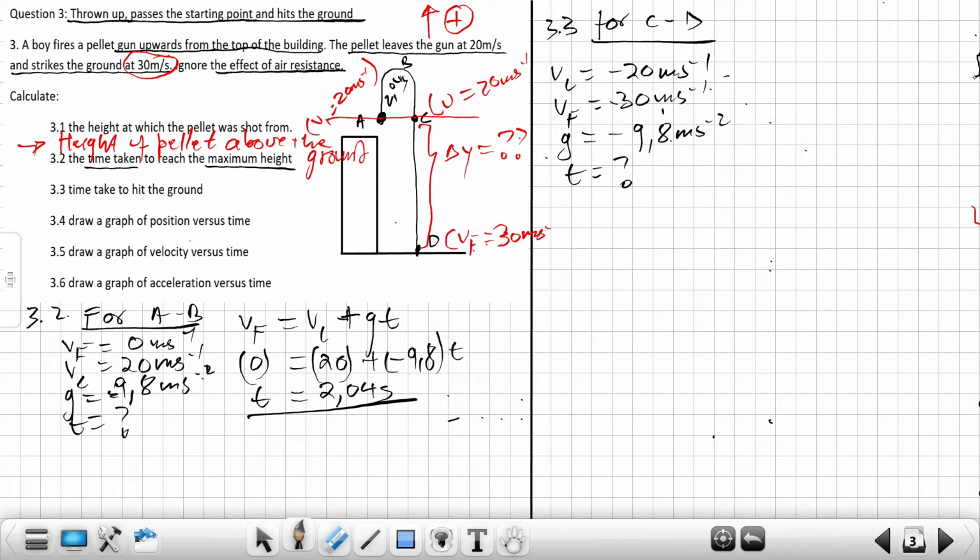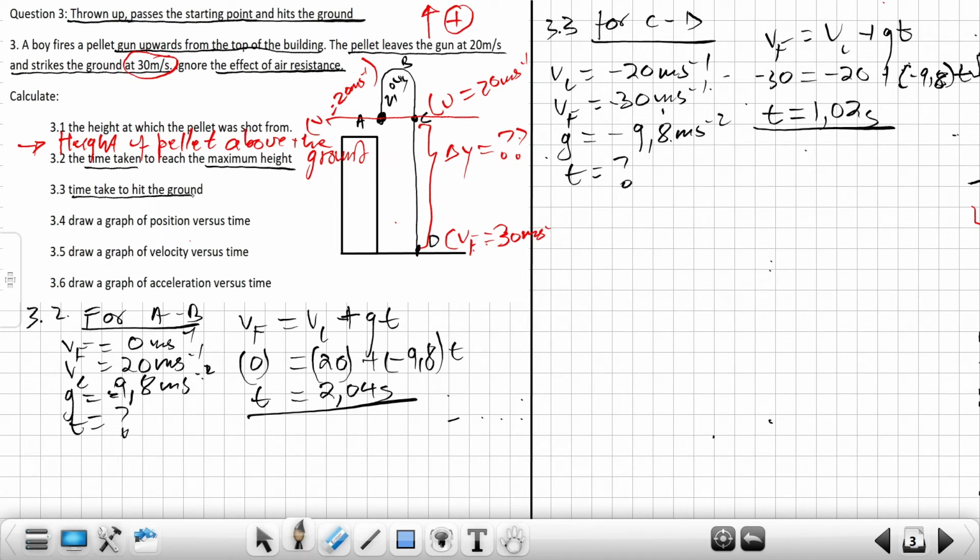I can use VF is equal to V initial plus gt, which will be minus 30 equals minus 20 plus minus 9.8 t. And then when I solve for t, I'll find my t as 1.02 seconds.